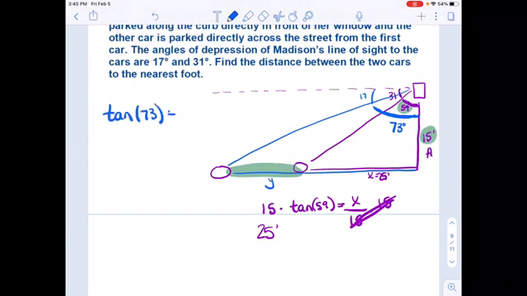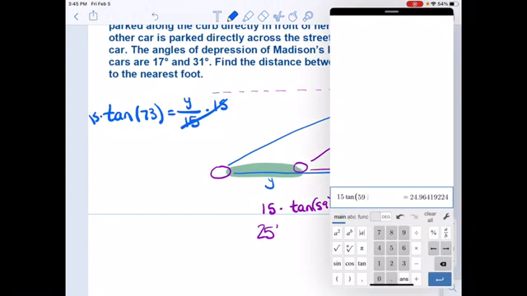This time it's tangent of 73 degrees is equal to opposite, I'm going to call y, over adjacent, which is 15. Once again, multiply by 15 on both sides. We get 15 tangent of 73 degrees. And this car is 49 feet away.